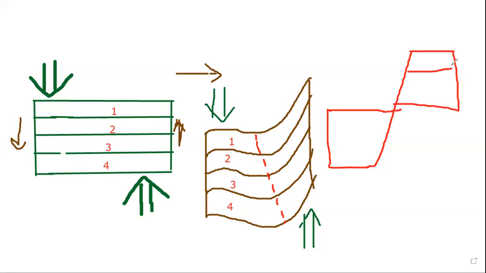Suppose these are the layers: this is the first layer, this is the second layer, this is the third layer, this one is the fourth layer, and again this is the first, second, third, and fourth layer.